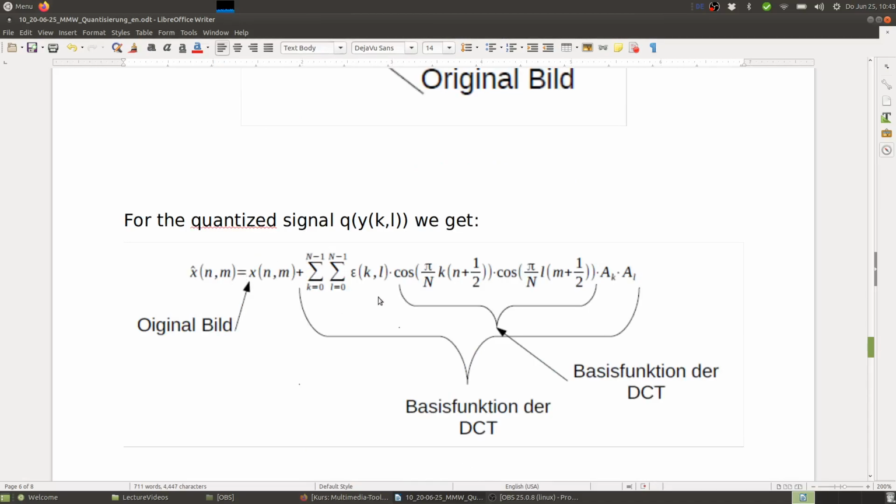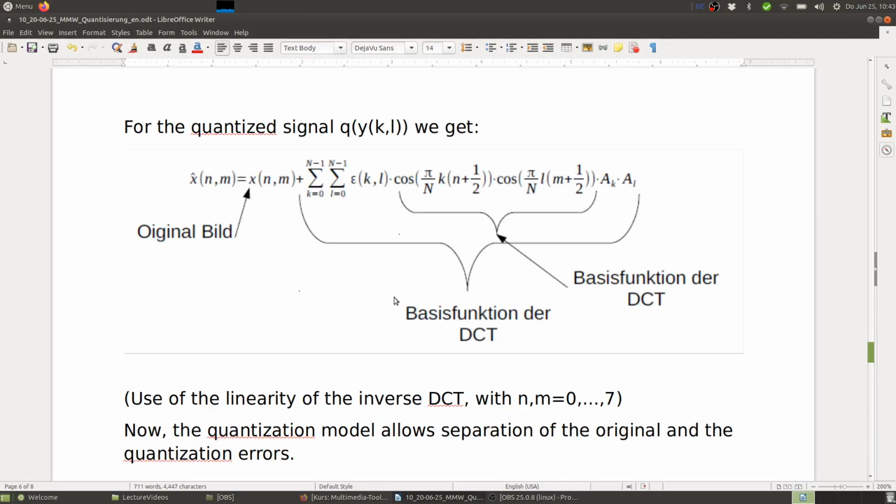Here we use that the DCT is a linear function. So if we apply the DCT to y plus epsilon, then it's the same as applying the DCT to y plus the DCT of epsilon. So this is the result of applying the inverse DCT to y, and this is the result of applying the inverse DCT to epsilon.